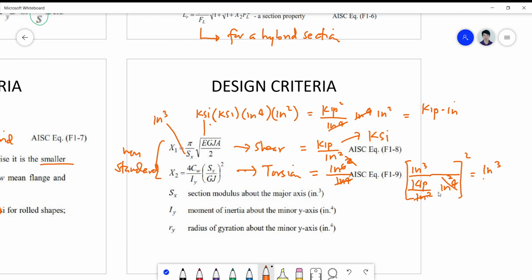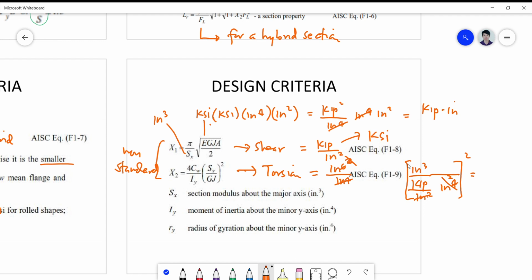So, may matitira pang inch square dito, no? So, this becomes inch square. Okay, so this cancels out. This is inch square. So inch cube and inch square will be inch.